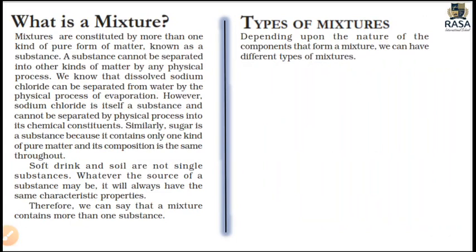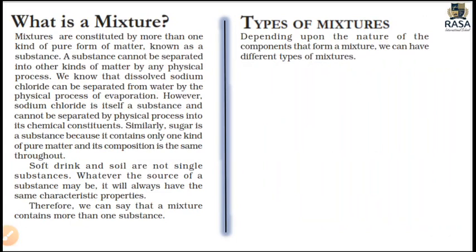So what is a mixture? Mixtures are constituted by more than one kind of pure form of matter. ये बने हुए हैं एक से ज़्यादा अलग अलग मैटर से मिक्स होकर. Mixtures are constituted by more than one kind of pure form of matter known as a substance.